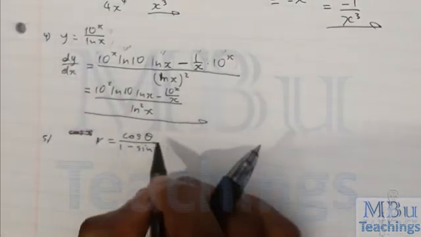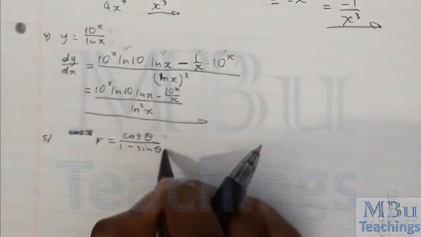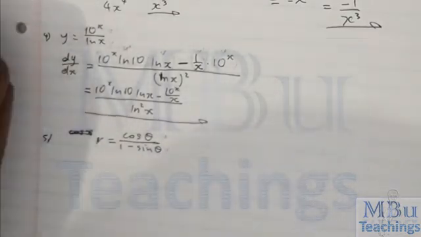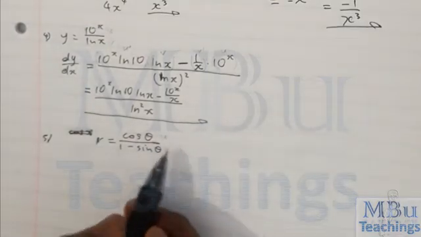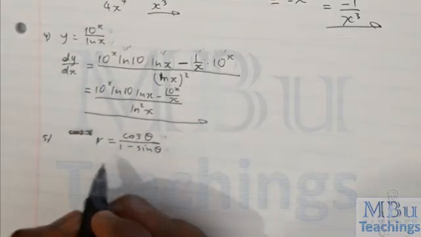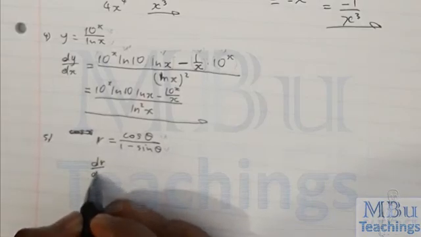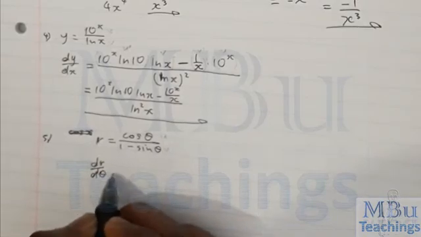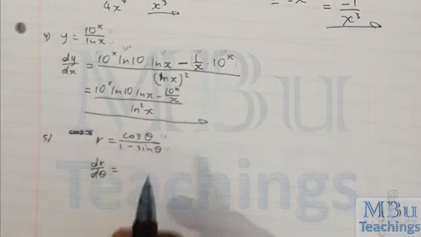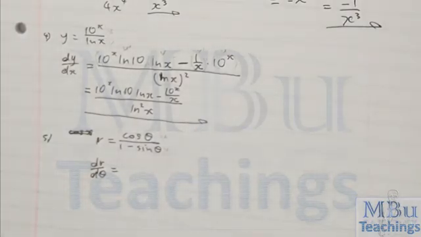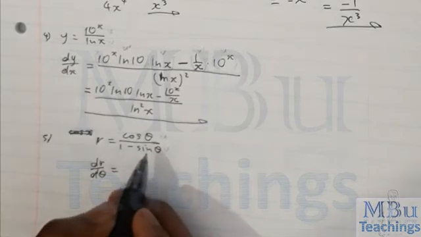Again, this will be our u, this will be our v. We always start by deriving the numerator, which is u. So we'll have dr over d theta. So our u, when I derive it, I'll change the sign.